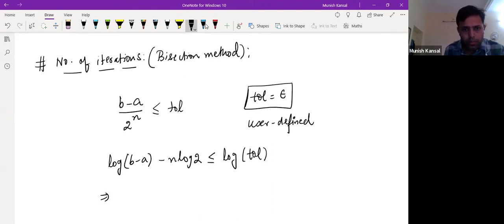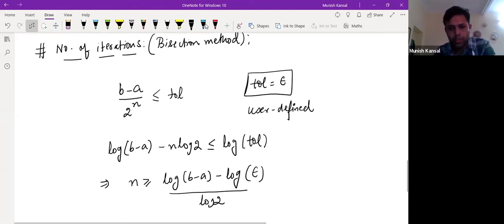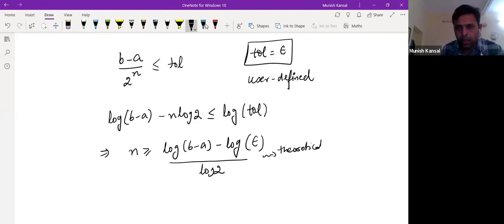So this implies that n is greater than or equal to [log of (b minus a) minus log of the tolerance, which I will write as epsilon] divided by log 2, right? So this is the formula for estimating the number of iterations. So this is the theoretical formula for the number of iterations, right?